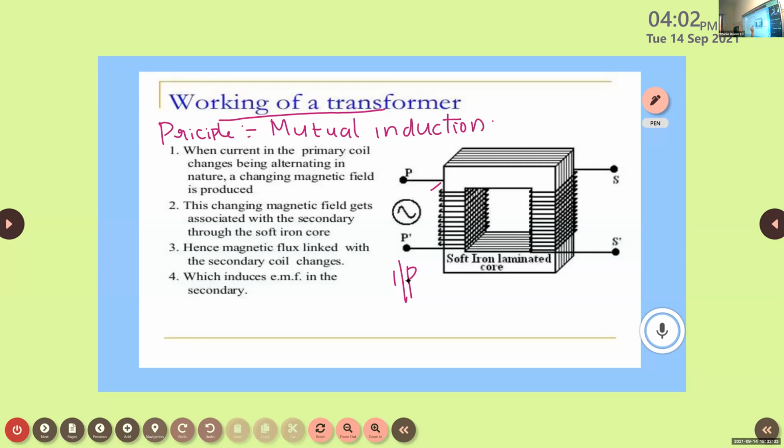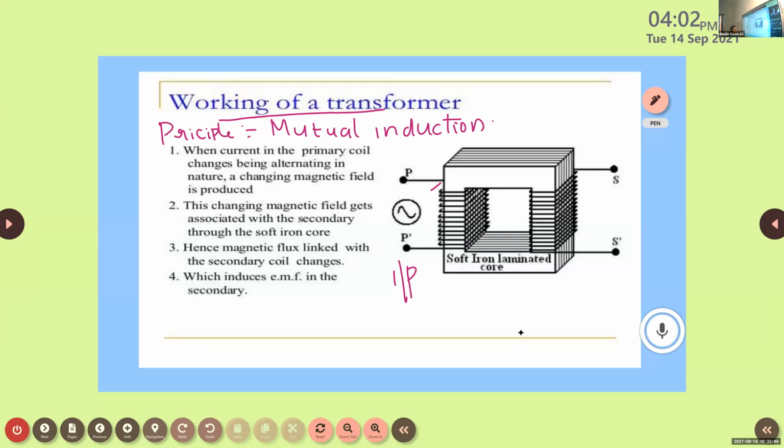This change in the magnetic field is passed to the secondary coil through this soft iron laminated core. Here both the primary and secondary coil are connected with the help of this soft iron laminated core.